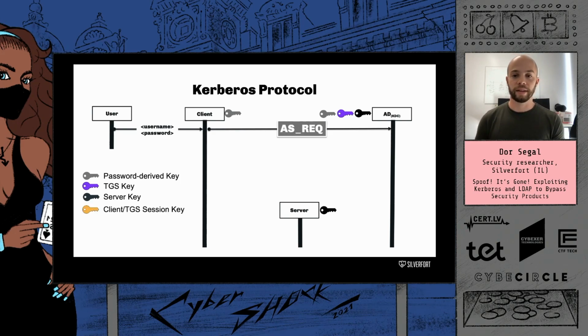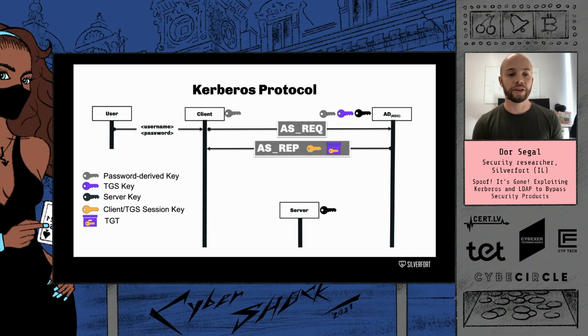Then the domain controller computes a TGS session key, ticket granting service session key, and TGT, ticket granting ticket, and hands it back to the client. The client decrypts the response using its password-derived key, and now has the ticket granting service session key and the ticket granting ticket.